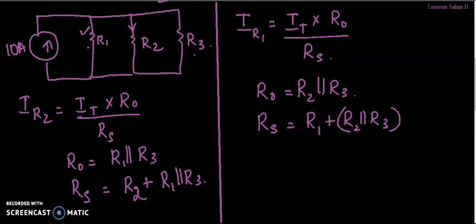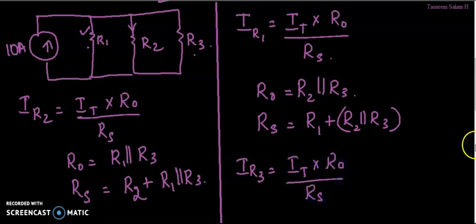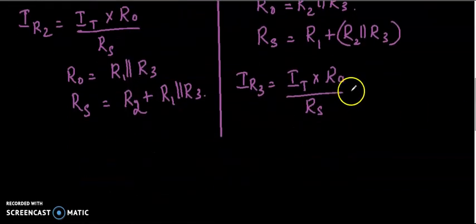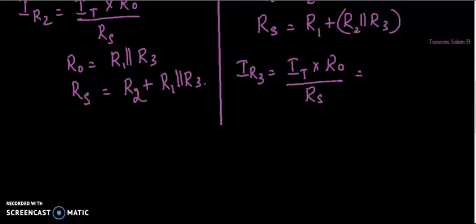Likewise, we can find IR3. IR3 is equal to total current into resistance of the other branch by sum of the resistances. Here the resistor through which we have to find the current is R3.